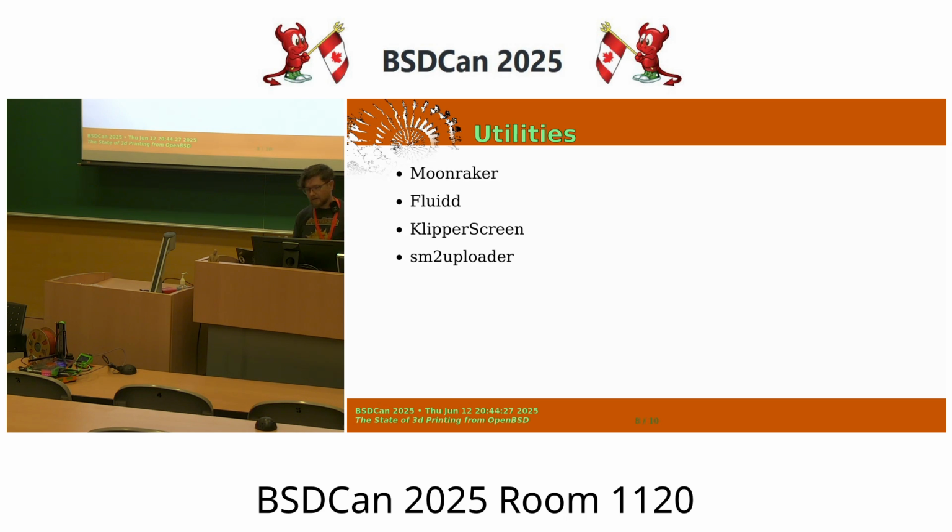Like SM2 Uploader, which is SnapMaker 2 Uploader, is a Go application that knows how to talk to the SnapMaker machine's API and translates that, and so you can use that to send files over the network to that printer.